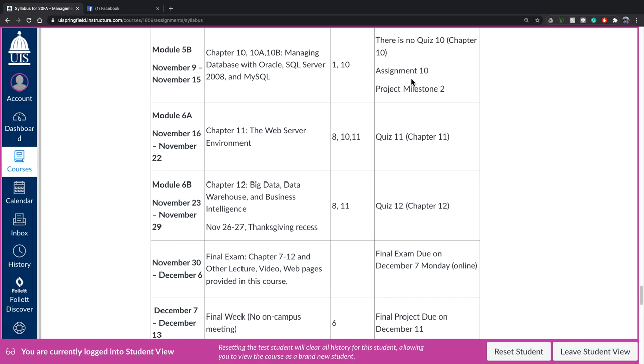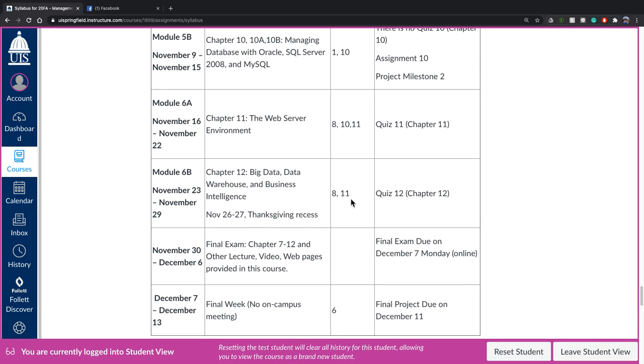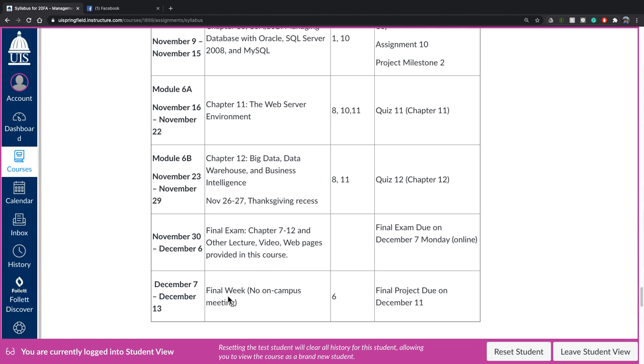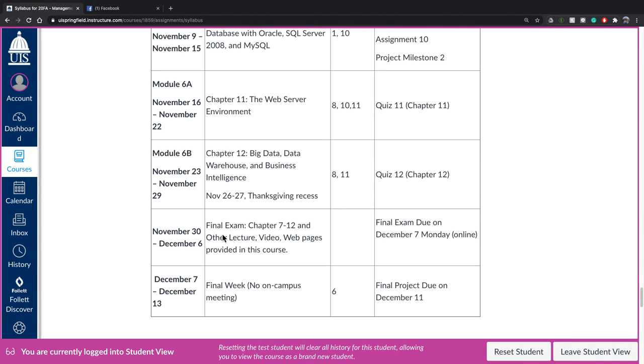After the Thanksgiving week, you will have your final exam. Right. The final exam is actually not during the final week. The final week is from December 7th to 13th, but the final exam is the week before, like we have mentioned already. The adjustment is that the final week will be when your final project is due.